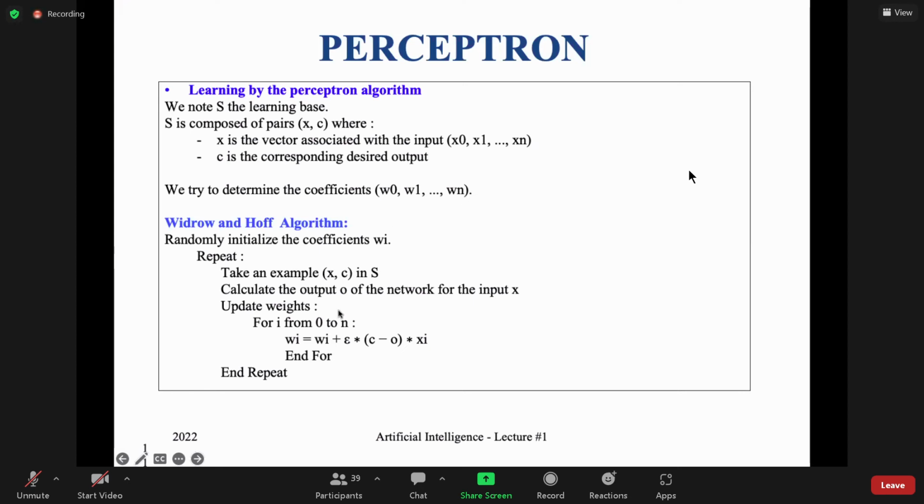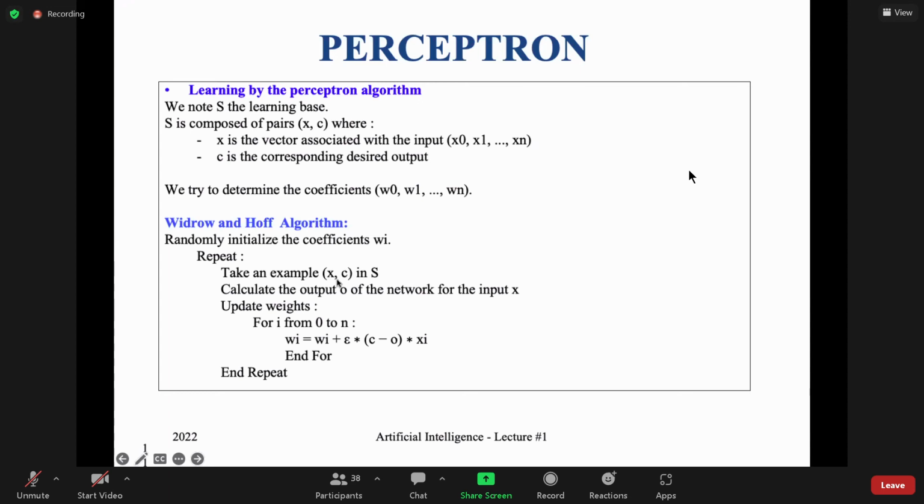So the Widrow-Hoff algorithm is as follows. At the beginning, we generally do a random initialization of these coefficients. That is what we do in general. And we repeat, for each step, the following operations.